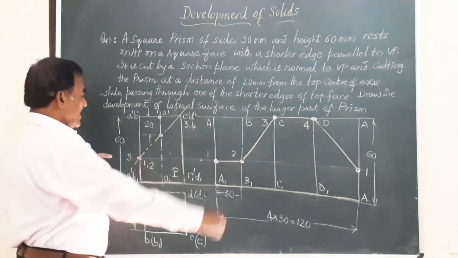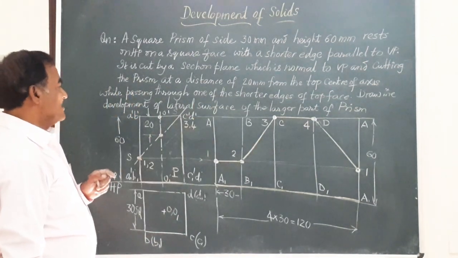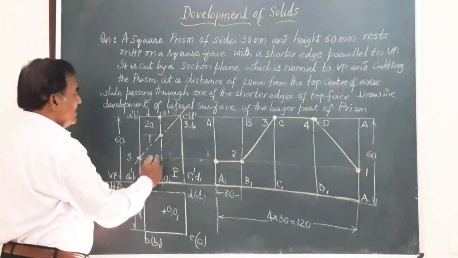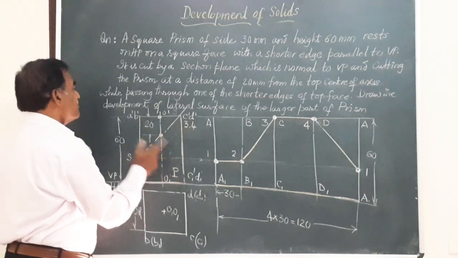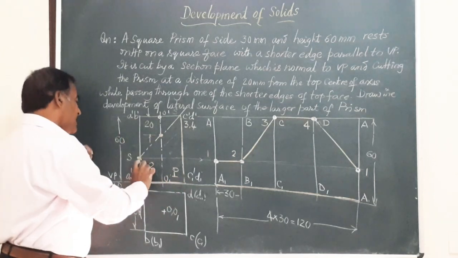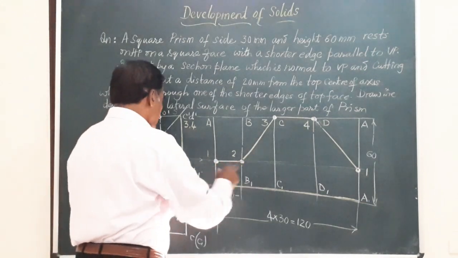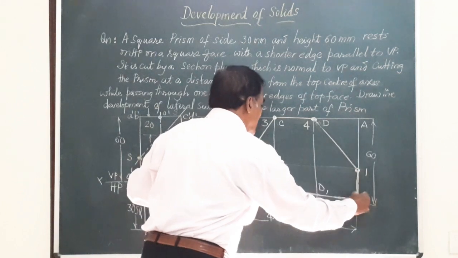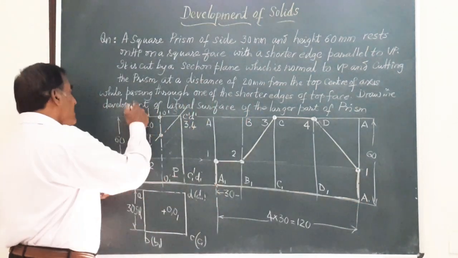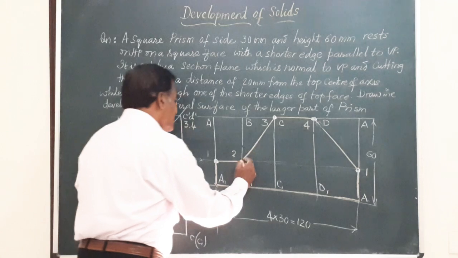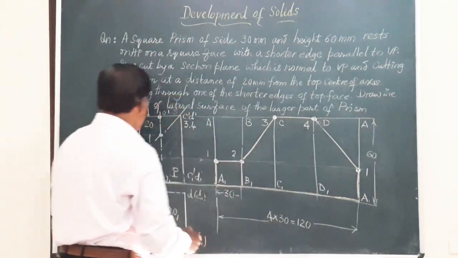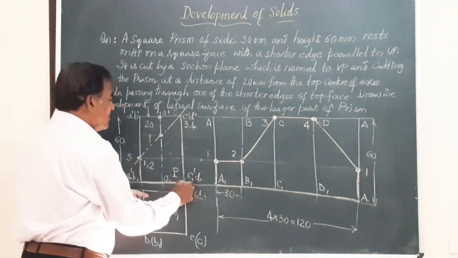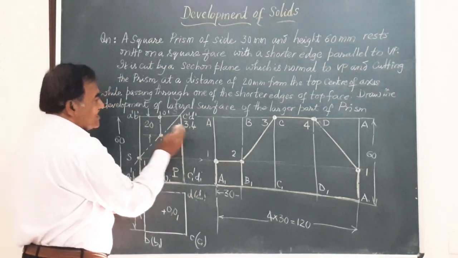The section plane is marked as XY. Friends, after the section plane has removed this part, on AA this portion is retained. The retained part is to be shown by a full line. Similarly, AA, full line. These two lines are same. Similarly, on the BB edge, you have this much retained, shown by a dotted line. The edges C dash C1 dash and D dash D1 dash are fully retained because they are not removed by the section plane.